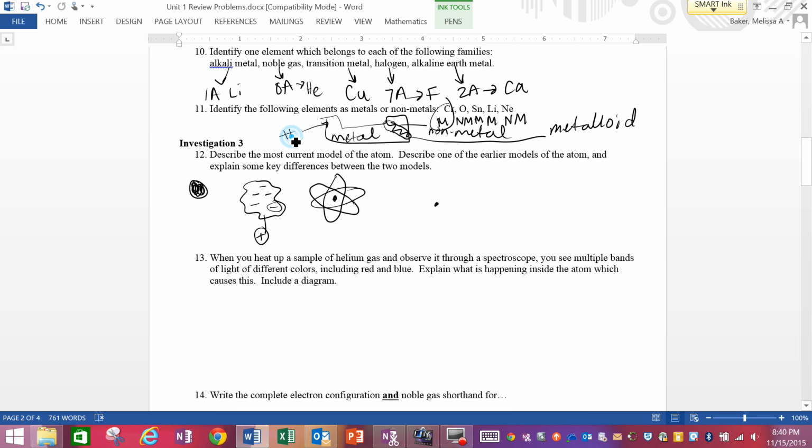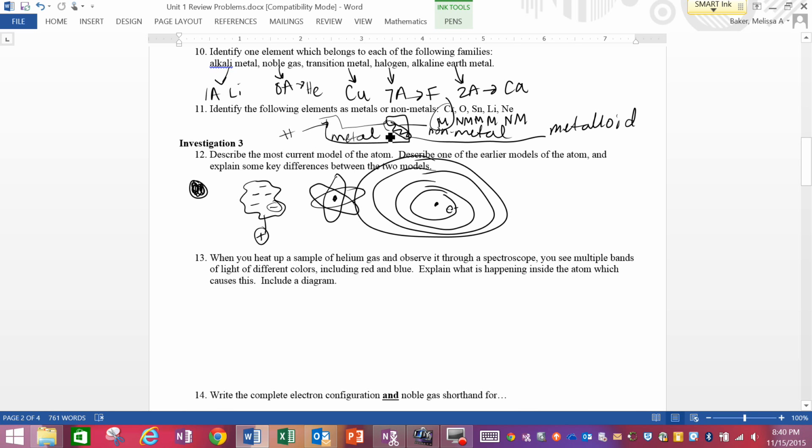nucleus. Then they said, okay, maybe the electrons orbit the nucleus just like the planets orbit the sun, and they figured that out because through experimentation, they figured out that electrons have specific distances that they live away from the nucleus.